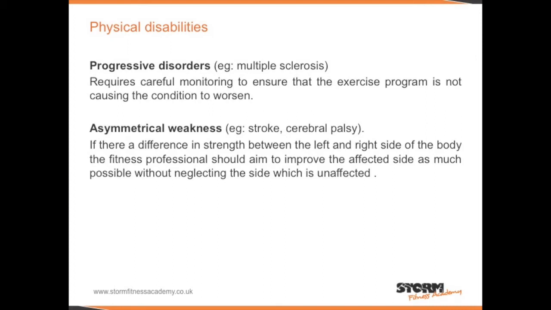Clients with asymmetrical weaknesses, such as those that have had a stroke or are suffering with cerebral palsy, may have a difference in strength between the left and the right side of their body. The fitness professional should aim to improve the affected side as much as possible, without neglecting the side which is unaffected.